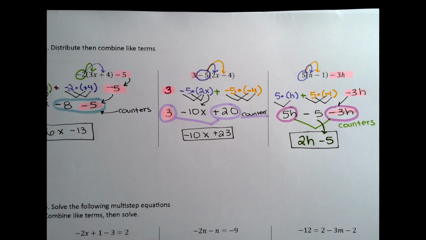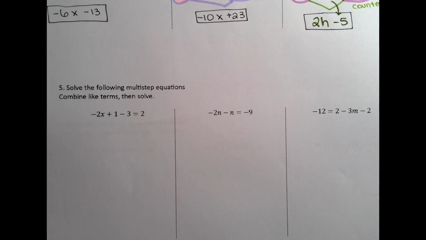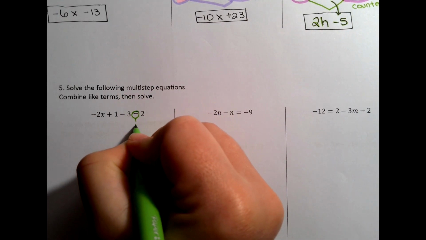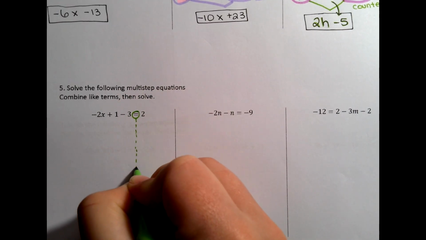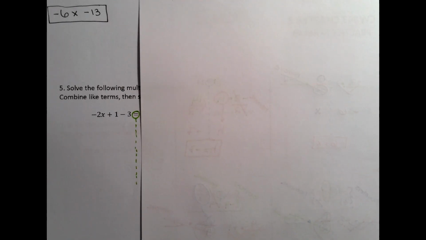Moving on, in chapter 2, we then started to do more complex equations. These are called multi-step equations. We're going to combine like terms on one side. So let's go ahead and circle our equals and draw a dotted line. And I'm going to cover this 2. I don't want to see the 2. I'm going to focus on this side here, and I'm looking for like terms.